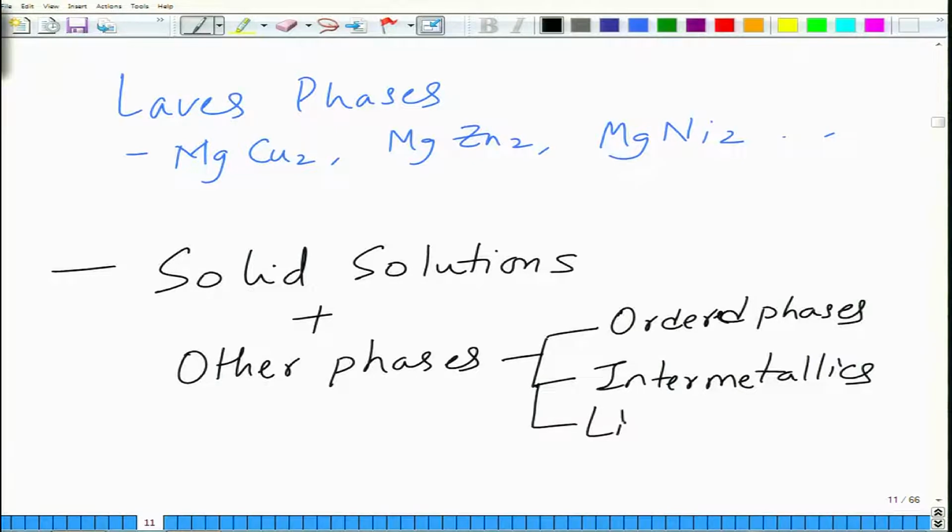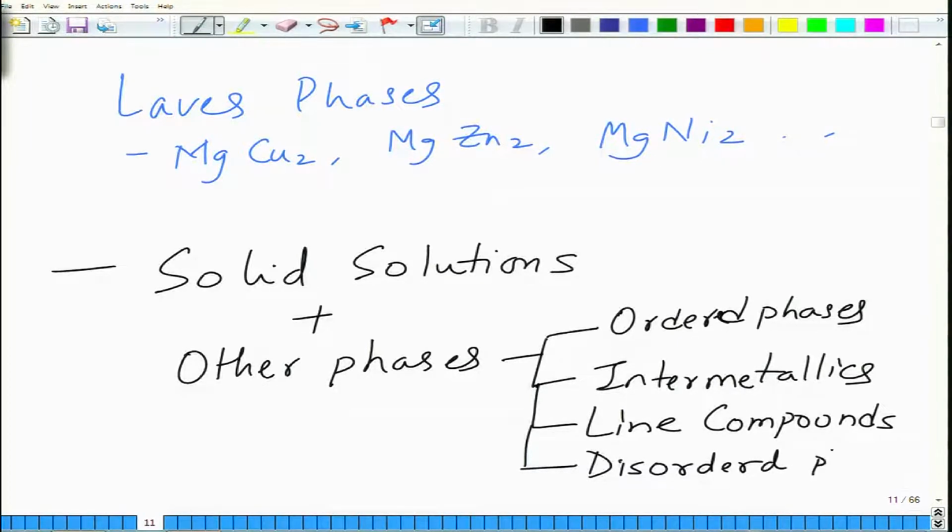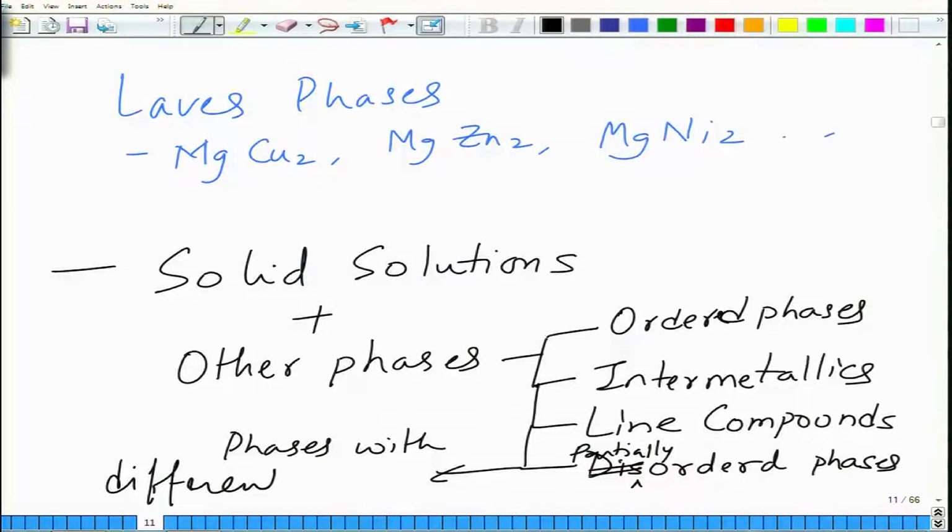There is something called line compounds with very fixed formula. Could be disordered phases. Disordered means partially ordered, let us say. And other structures, phases with other structures. So, there are various possibilities, and these are not the only possibilities, there are other possibilities as well.